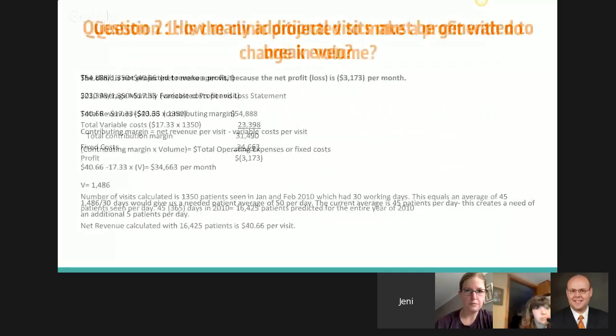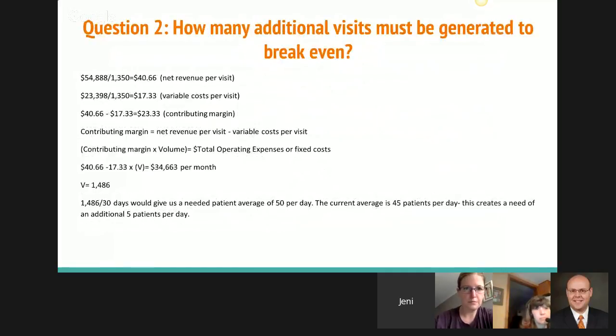Question 2, how many additional visits must be generated to break even? To find the volume of visits that need to occur to break even, we take the net revenue per visit of $40.66 and subtract the variable cost per visit of $17.33.